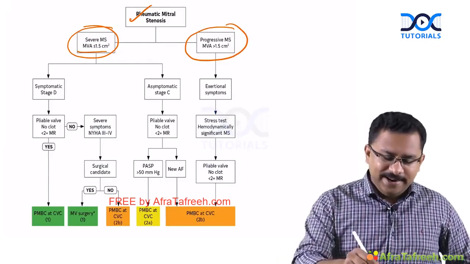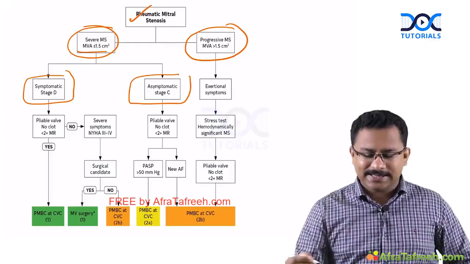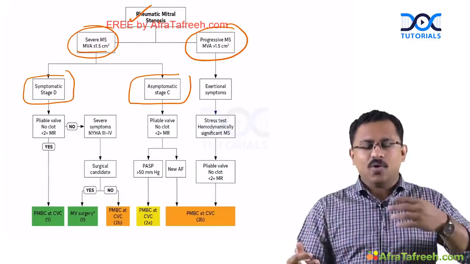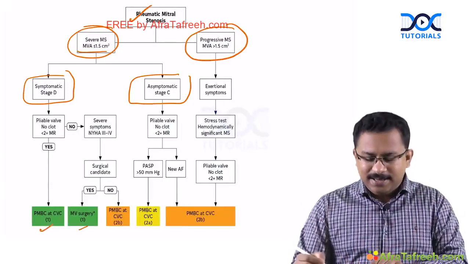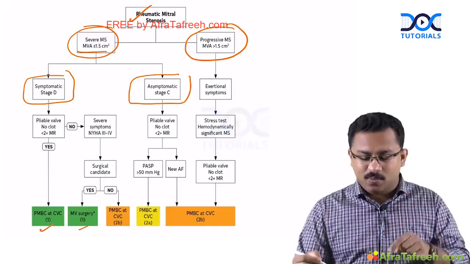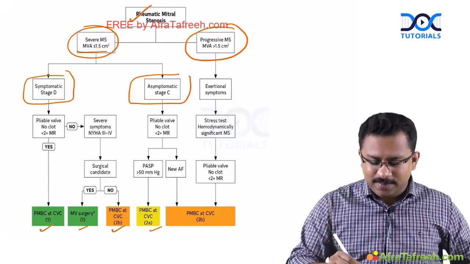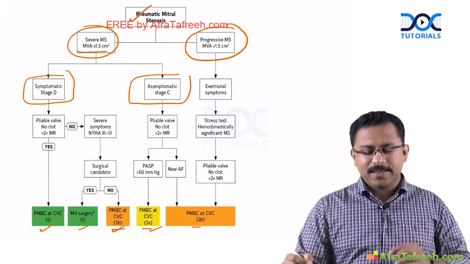You are again dividing it by whether the patient is symptomatic stage D or asymptomatic stage C. You are more likely to go ahead with the procedure where it is given in green, which is class of recommendation 1. Then orange and yellow are 2A and 2B.